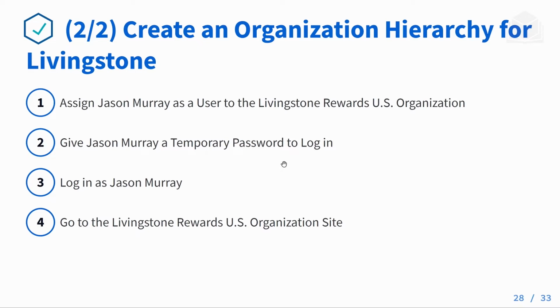Whether or not you gave Jason Murray a password to log in the last exercise, you probably should have. That would be test or whatever you set it to. Of course, he's going to have to reset that password when he logs in, and you'll use that password going forward whenever you log in as Jason Murray. And you'll go to that site and see if you can access those private pages.